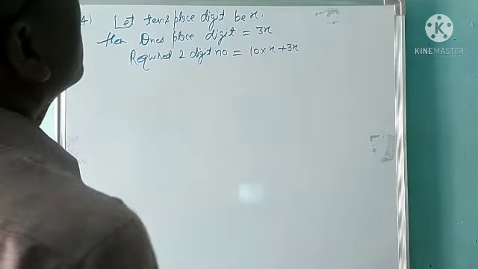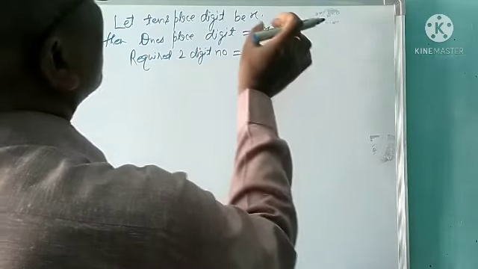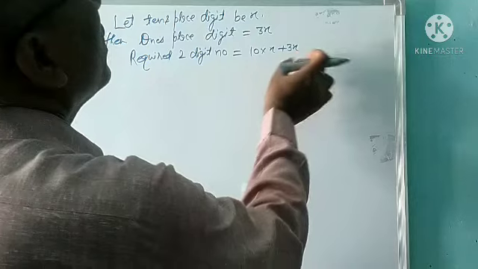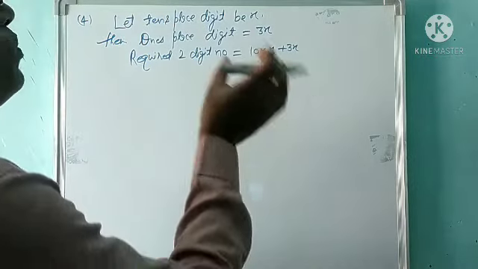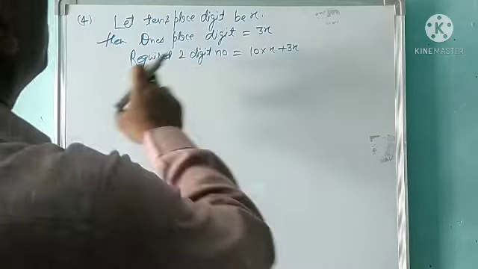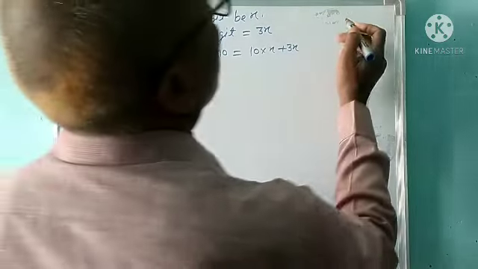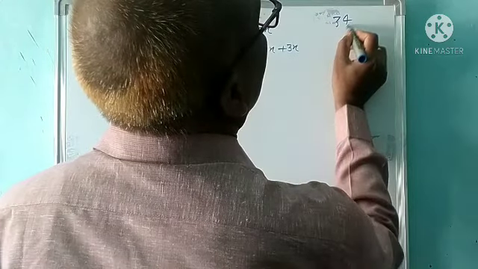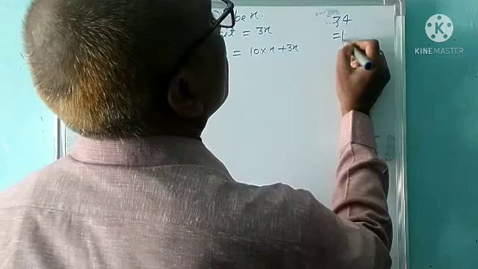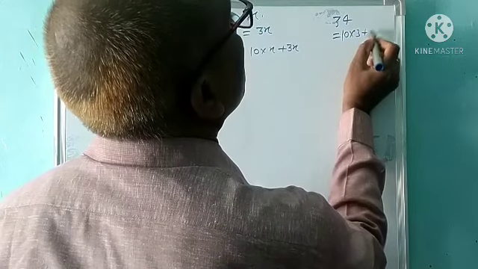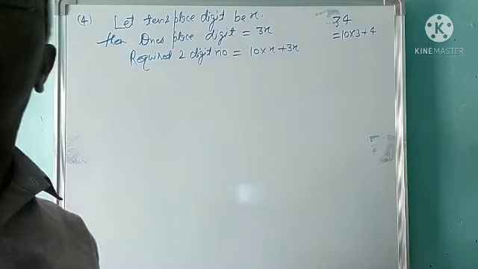In this step, I multiply the tens place digit by 10 and ones place digit by 1. Then you add these two digits, you get the two-digit number. Like if you have 34, you write it in expanding form, you write down 10 into 3 plus 4. This is the expanded form of 34.